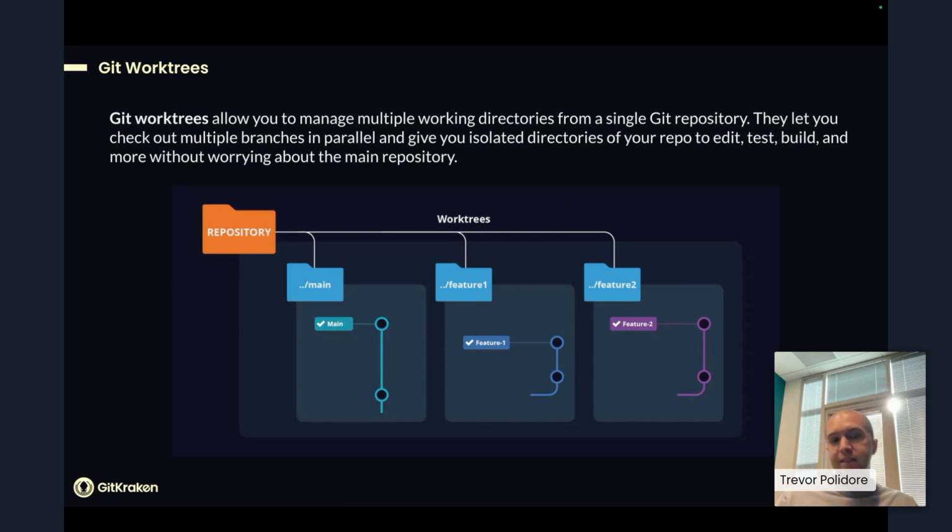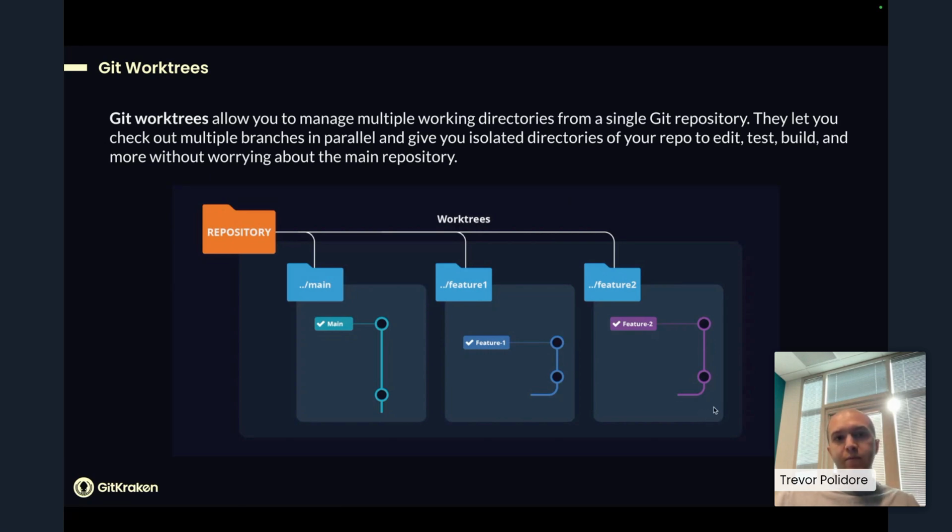So having those isolated directories allows you to work truly in parallel, where you can edit, test, build, and whatever you want on multiple branches without worrying about your main repository's working directory or any other branch that you have checked out.